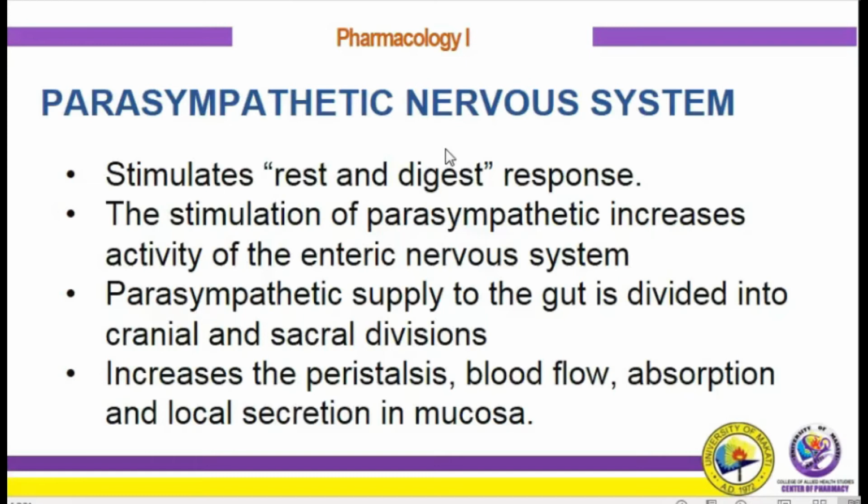These fibers provide extensive innervation to the esophagus, stomach, and pancreas, and somewhat less to the intestines down through the first half of the large intestine. So the parasympathetic nervous system increases peristalsis, blood flow, absorption, and local secretion in the mucosa.